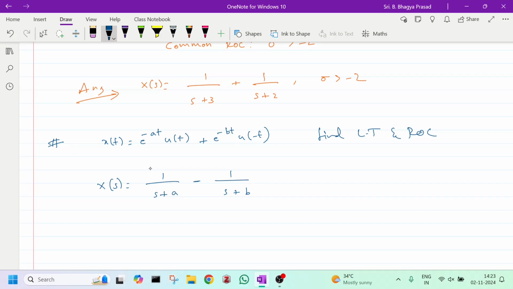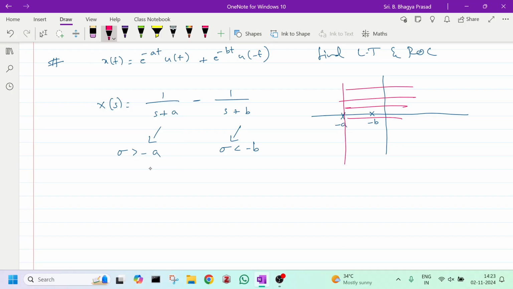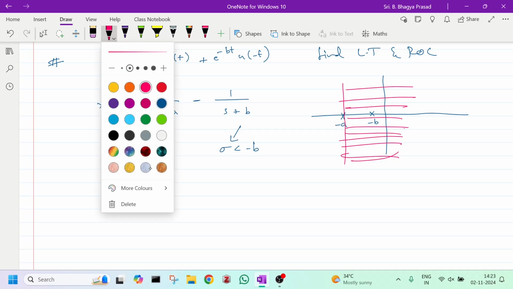So what will be the ROC? For the first term this is sigma greater than minus A, and for this one this is sigma less than minus B. For the existence of this X of S, let us take this is minus A and this is minus B. So one is right sided signal, that is from minus A the ROC is like this, and from minus B the ROC is left side.